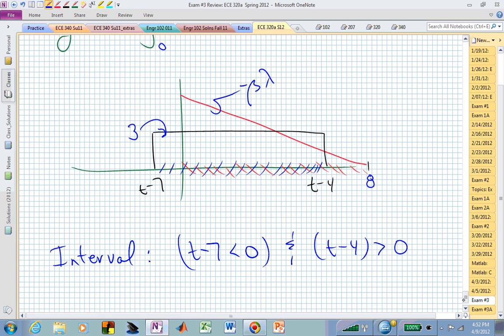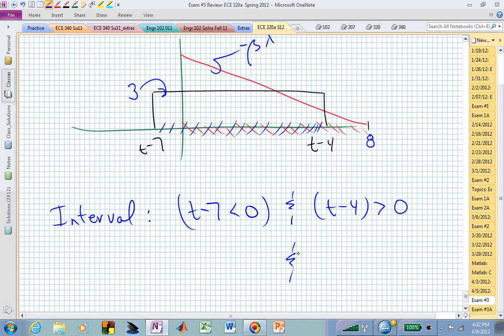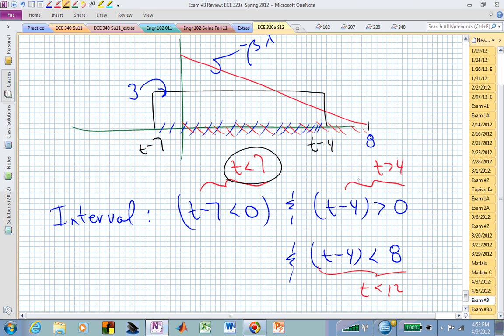And it could be that maybe you didn't know that the one was 3 wide and the other one's 8 wide, and you go, well, I also know that this needs to be less than 8. What you do is you look at all of those and you find the most restrictive or the intersecting ones of these. Meaning this one gives you t is less than 12. This one gives you t is greater than 4, and this one gives you t is less than 7. And so now you say, the intersection of those is t is bigger than 4 and less than 7. And that's the interval when this is true.